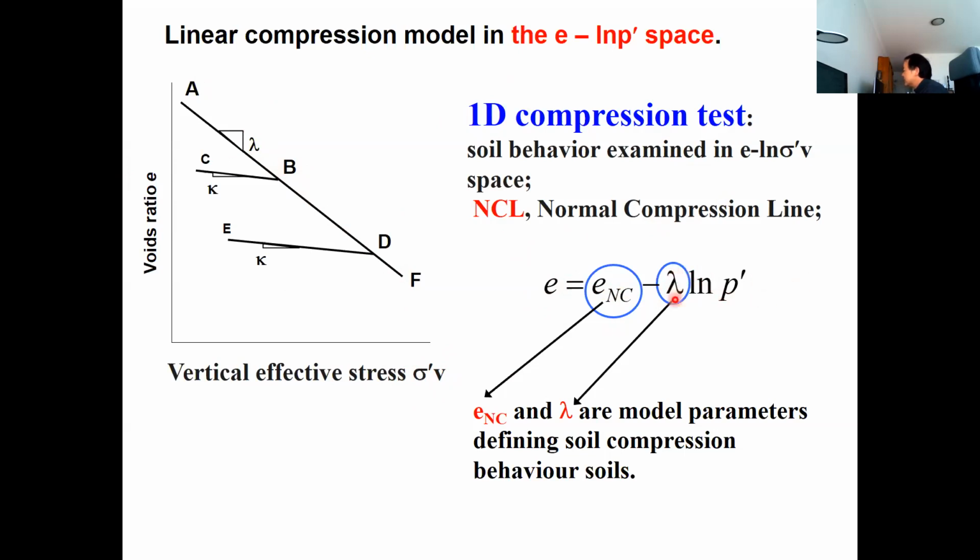You can see the lambda parameter is the same, whether it is in the isotropic compression line, in the oedometer test, or in other proportional loading. You use this equation to describe the one-dimensional compression test or oedometer test.